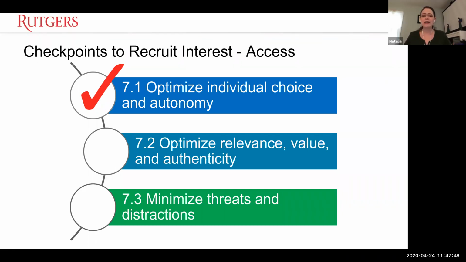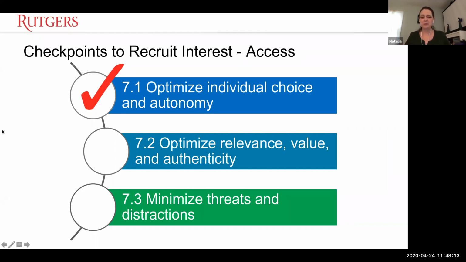So allowing choices of topics, of ways to express the new knowledge, of ways to share it, is a good way to optimize and recruit that interest. When people have choices, we get their buy-in much faster. So allow that room for flexibility so a learner can be in charge of their own learning.